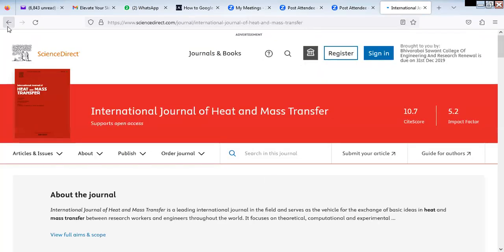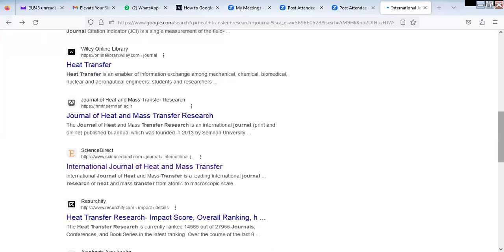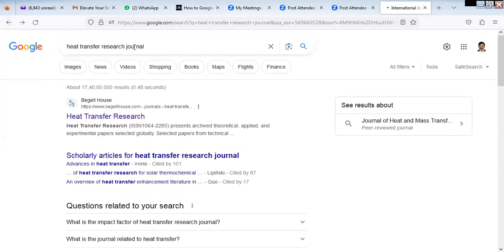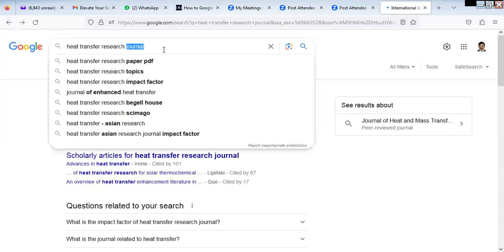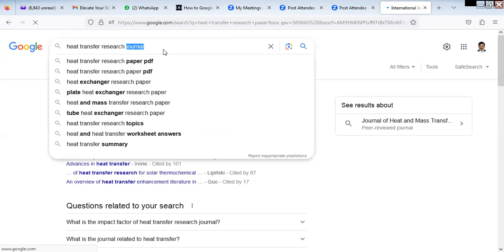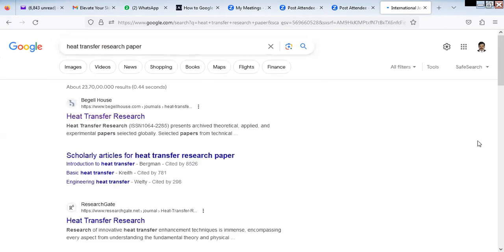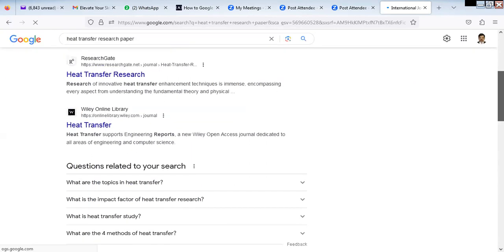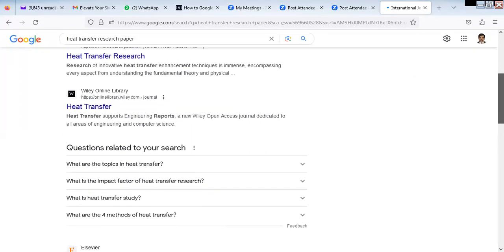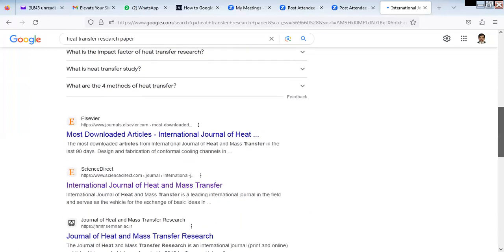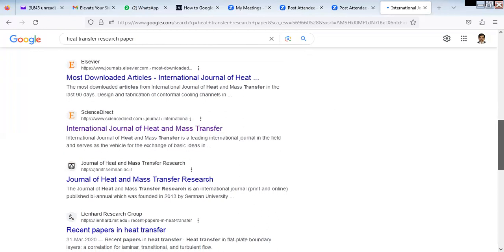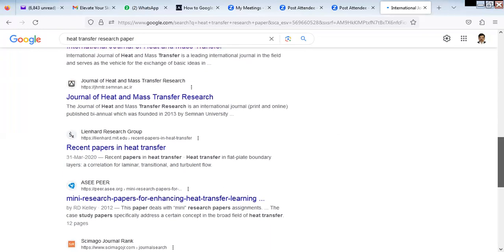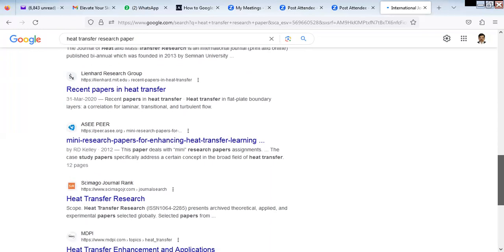When we want to search for a research paper, we have to put research paper, or we can say paper. Then it will give some papers, like most downloaded articles, Journal of Heat Transfer, research paper in heat transfer.